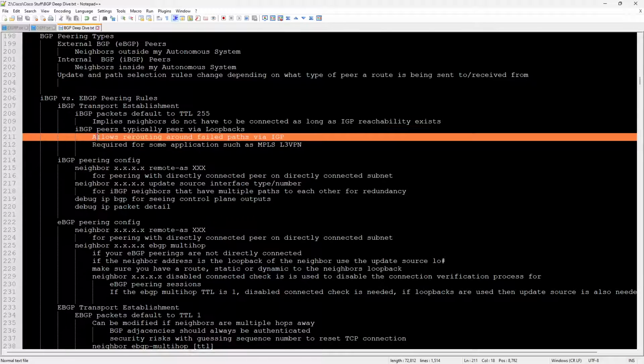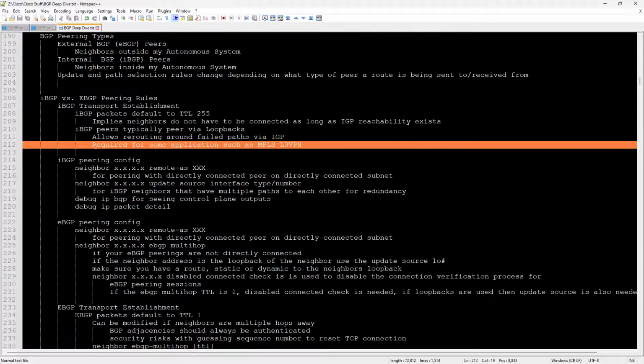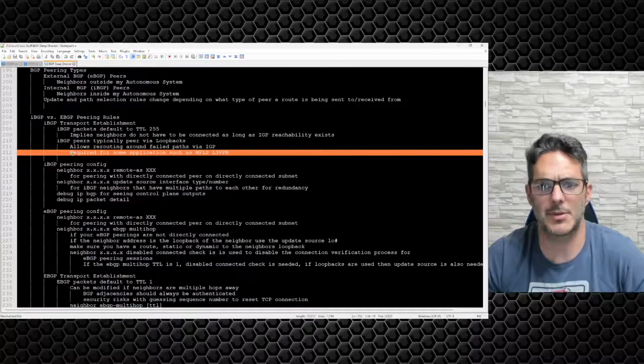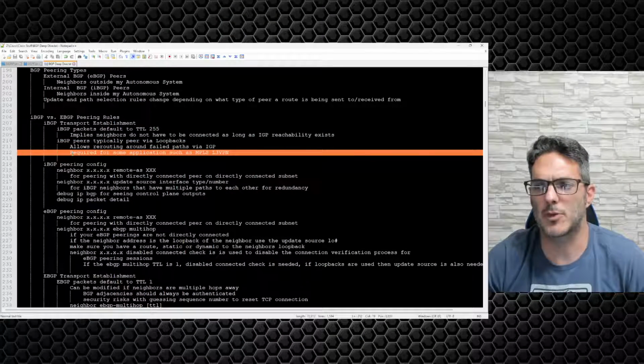It allows rerouting around failed paths via IGP, and this is going to be required for MPLS, VPN options, stuff like that. Now, one common question that I get whenever I'm talking to a customer about scaling BGP is, do I have to do it via the loopback? And the answer to that is no, you don't have to, but it makes the most sense.